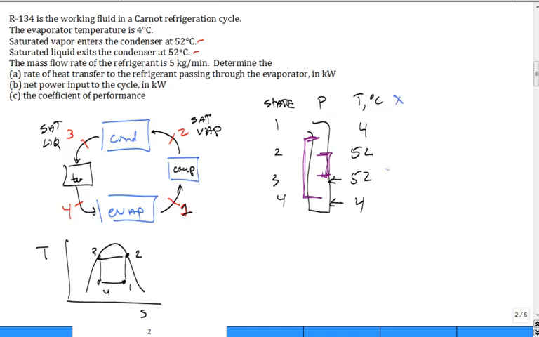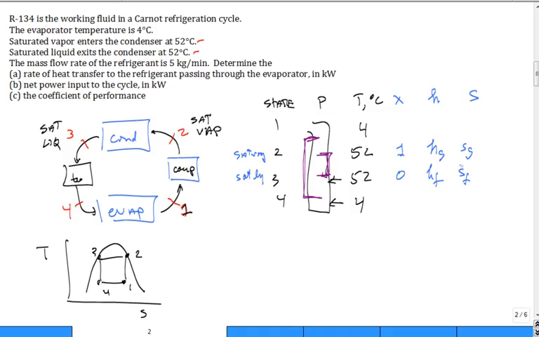Can we fill out any of these qualities so far? States 2 and 3. So it's 1 and 0, because this was saturated vapor and this is saturated liquid. All right. How about some of the enthalpies and entropies? Well, this is h_g and s_g at that temperature and pressure, and this is h_f and s_f.